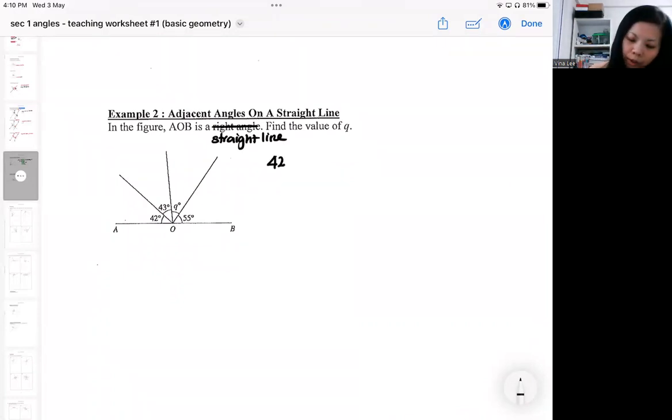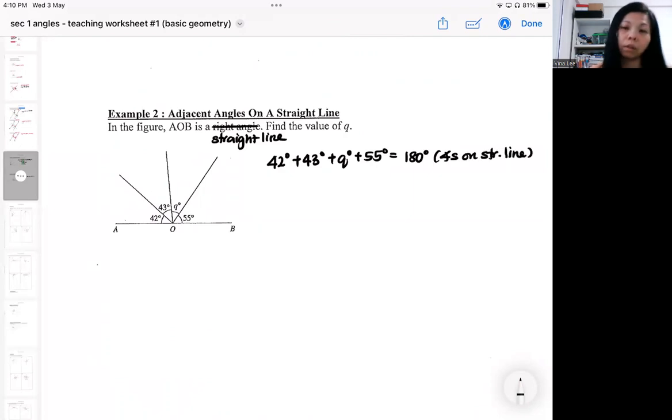So the presentation will be like this: 42 plus 43 plus this plus 55, and it is equal to 180 because it's angles on a straight line. You can write adjacent angle on a straight line or angles on a straight line. It depends on you. Okay, then after that, you do your normal algebra.